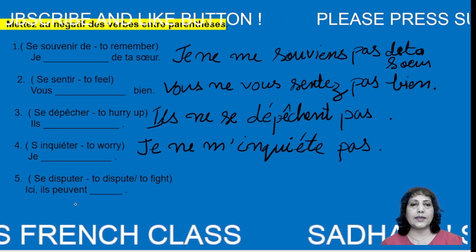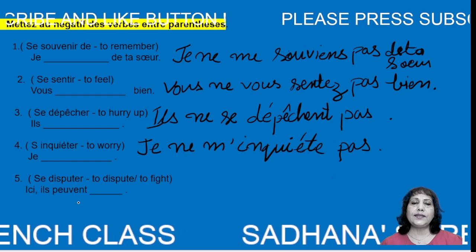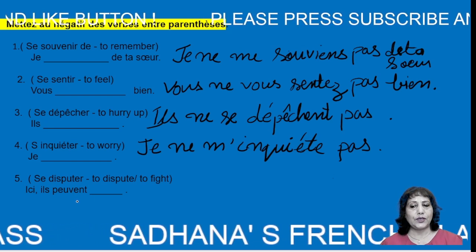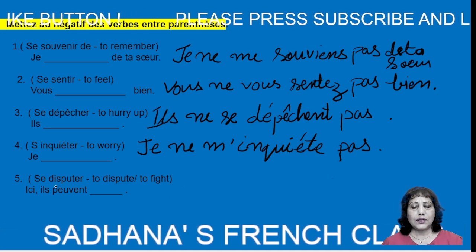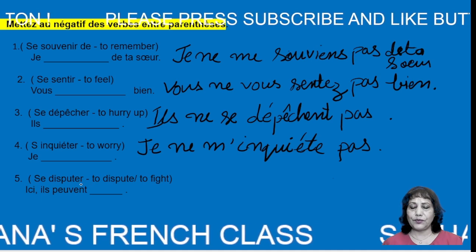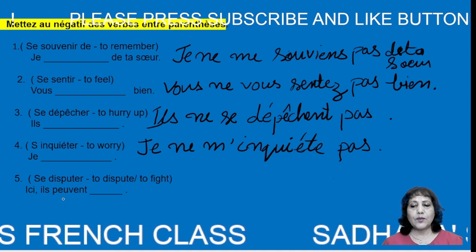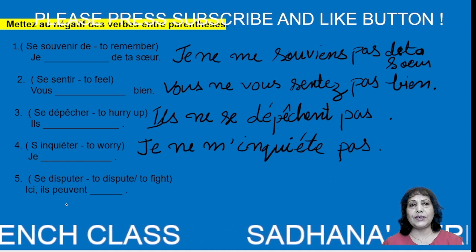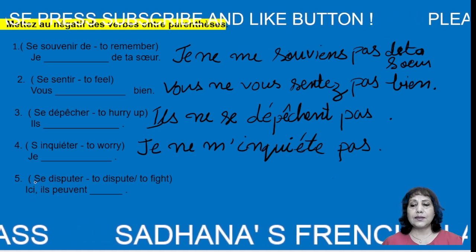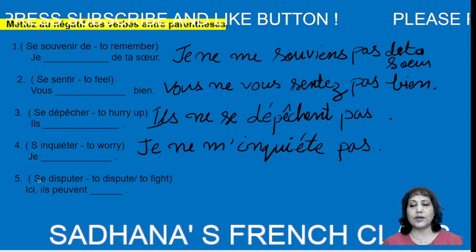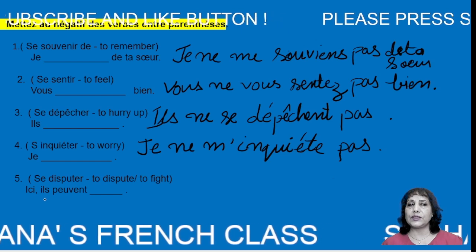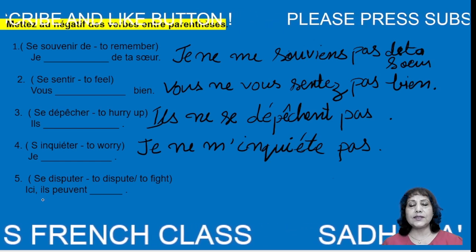If there is another one, we don't conjugate it, it is placed as an infinitive only. So here also the pronominal verb we will place as an infinitive. We will not conjugate this because the verb pouvoir is already conjugated here. But the catch is that the reflexive pronoun will change according to the subject pronoun. And here the subject is third person plural.